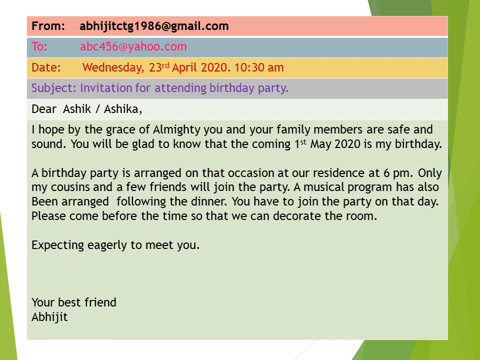As I am writing the email, from Abhijit CTZ1986 at the rate of gmail.com, it is my email address, to abc456 at the rate of yahoo.com. I just gave these, and you must have these types of email addresses. Date: Wednesday 23rd April 2020, 10:30 a.m. I have given the day, date and time, and the subject: invitation for attending birthday party. It's a very short and very clear one.